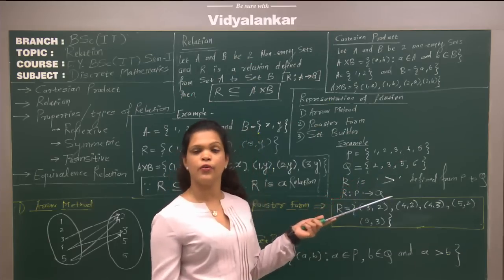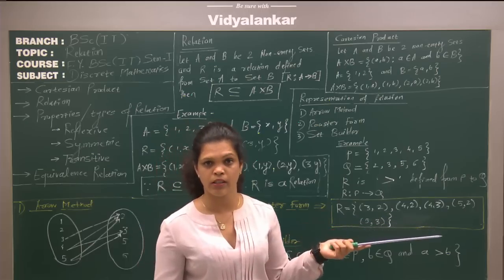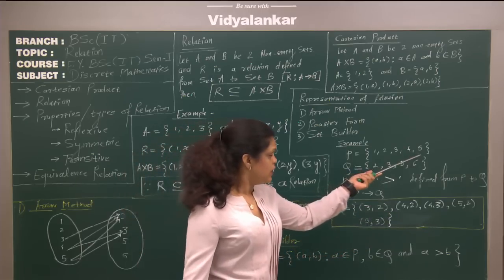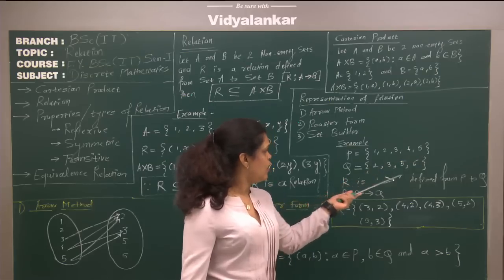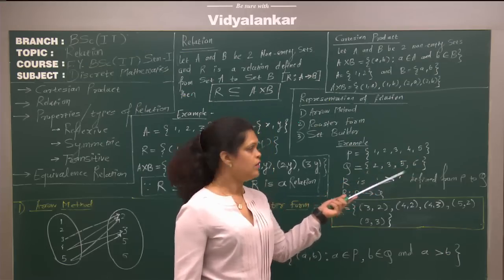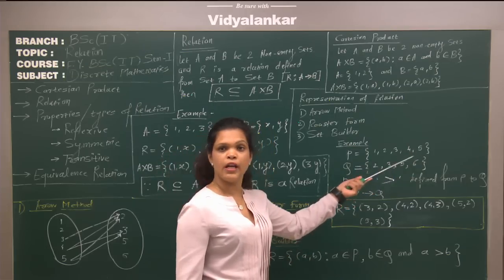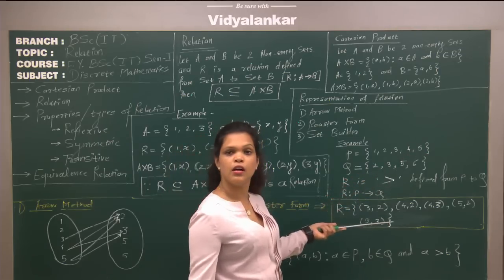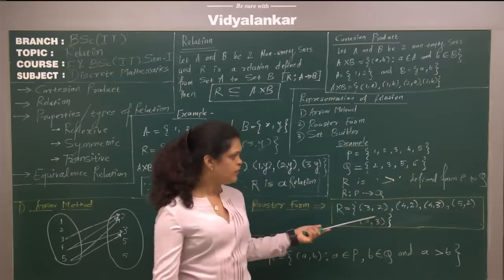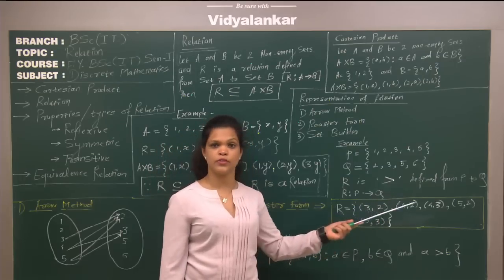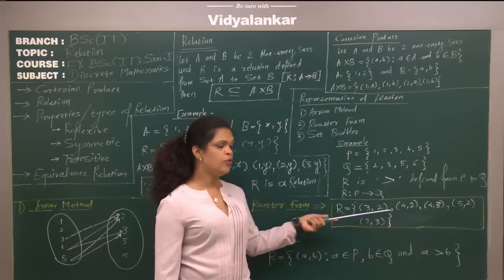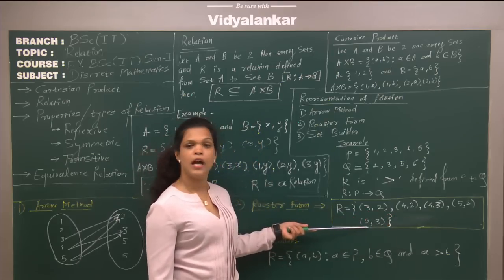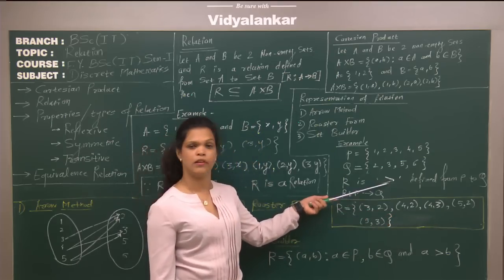So we can consider (4, 2) and (4, 3) in the relation set R. Then we'll compare 5 with all the elements of Q. Now 5 is greater than 2 and 5 is greater than 3, so we can consider these two pairs in relation R. So in total we have 5 elements in set R: (3, 2), (4, 2), (4, 3), (5, 2) and (5, 3), and all these pairs satisfy this relation.